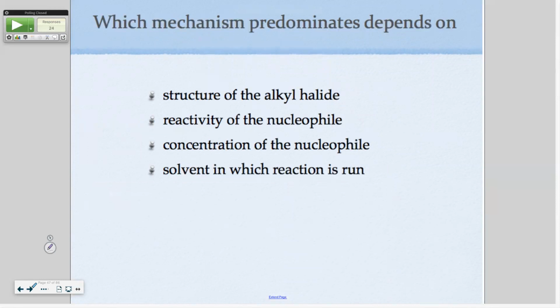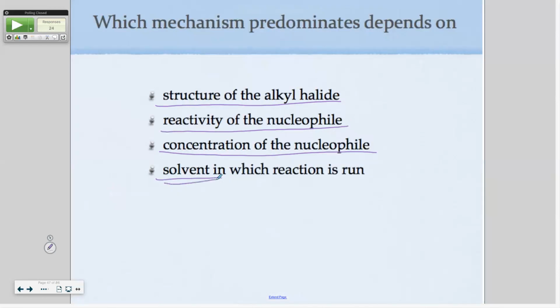Well, we'll go over it. All right. Which mechanism predominates is dependent on the structure of the alkyl halide, the reactivity of the nucleophile, the concentration of the nucleophile, and the solvent.